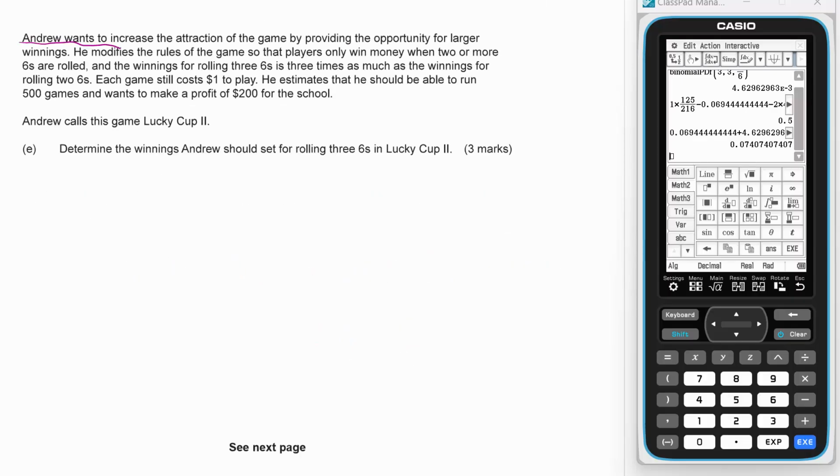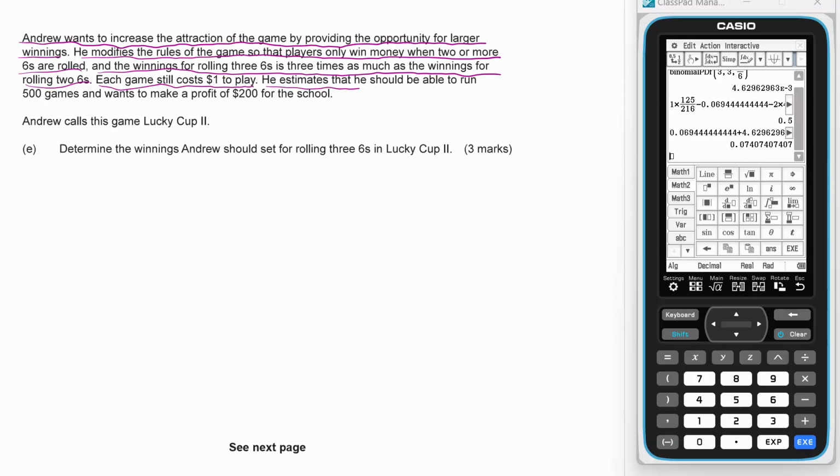Andrew wants to increase the attraction of the game by providing the opportunity for larger winnings. He modifies the rules of the game so that players only win money when 2 or more sixes are rolled, and the winnings for rolling 3 sixes is 3 times as much as the winnings for rolling 2 sixes. Each game still costs $1 to play.